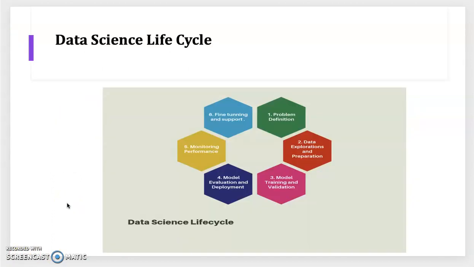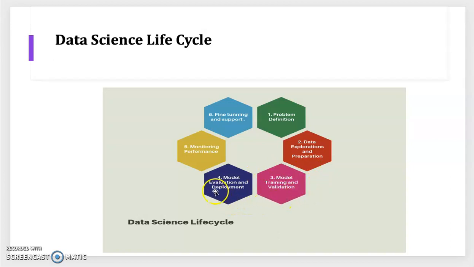Here is a typical data science life cycle. You will see here, we have the data science life cycle, including the problem definition, data exploration, and preparation. Then we will do the model training and validation.